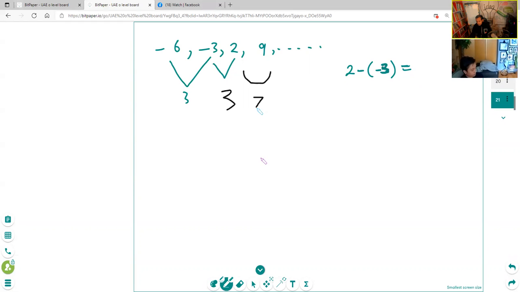I think 5. Okay, wait. You should try to solve. See here, I'm writing. 2 minus minus 3. Now solve. What is the answer? Minus multiplied by minus. It's 5. Yes, it will become positive 5. Yes, write 5 here.